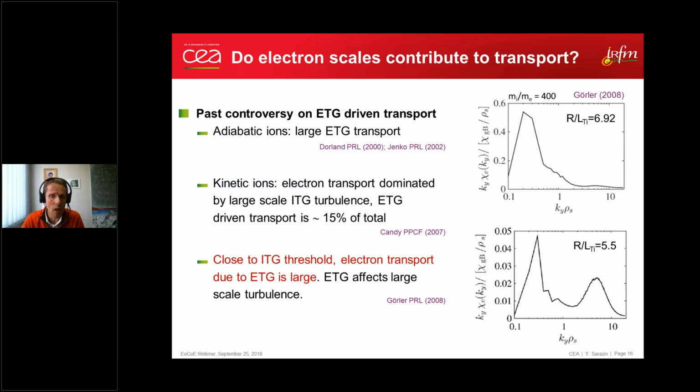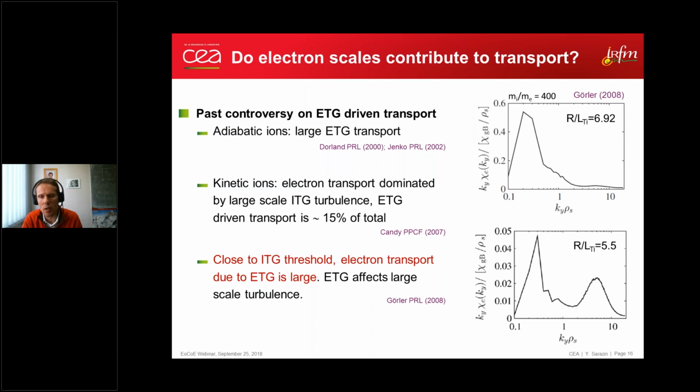And in some other simulation where the ions were given a kinetic response, not so simplified as in the first papers, in this case the ETG-driven transport was fairly small and no more than 15% of the total.